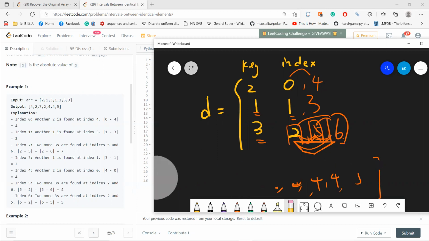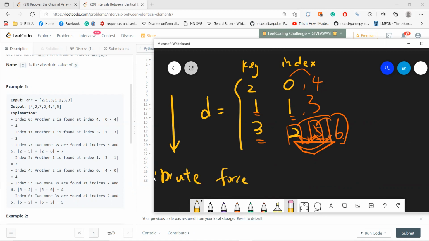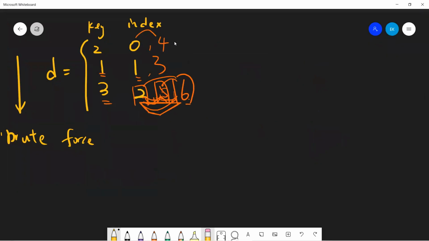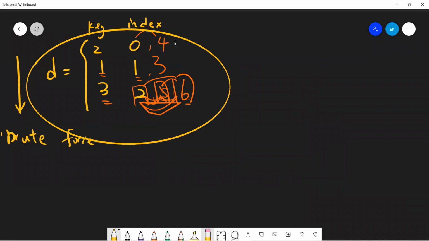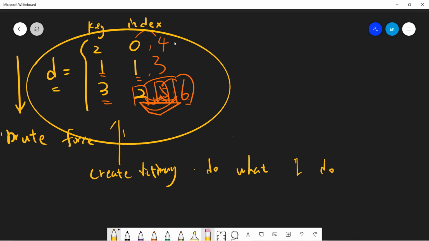Okay, so I think this example already tells you the brute force answer. The brute force answer is that you first create this dictionary, and do what I just did.